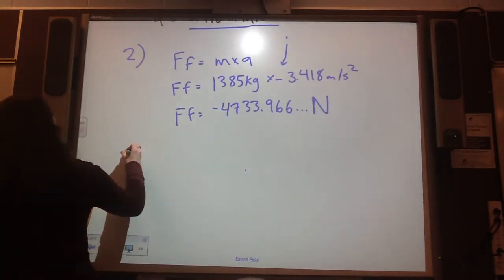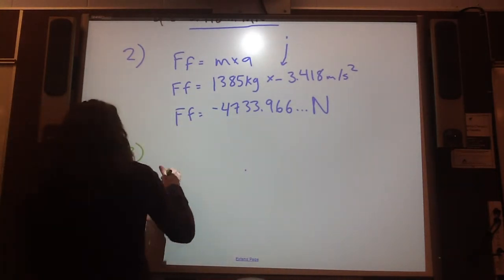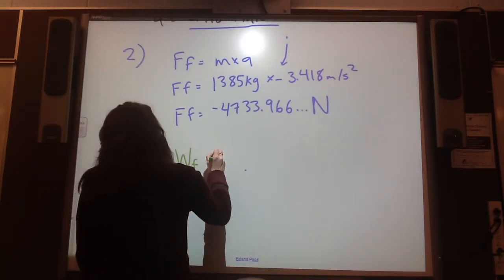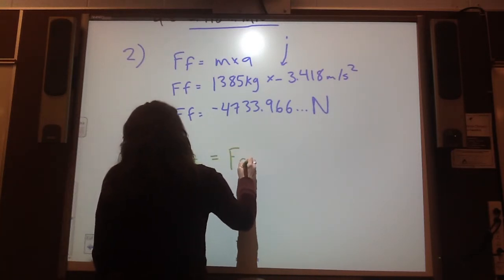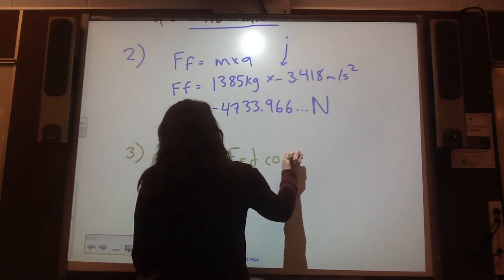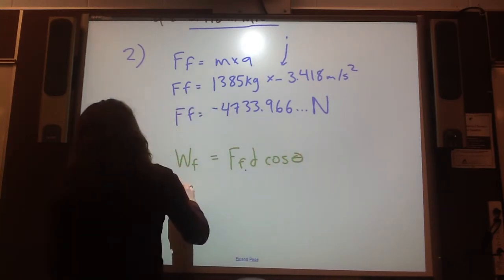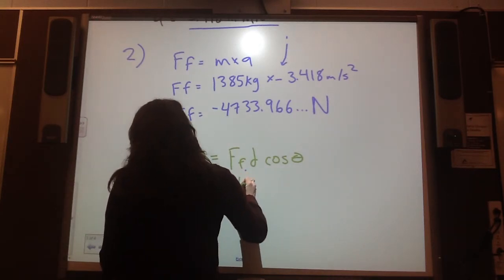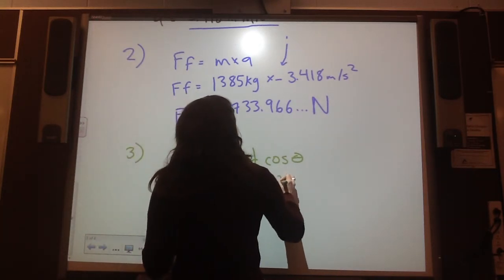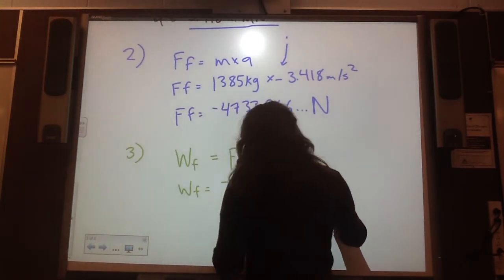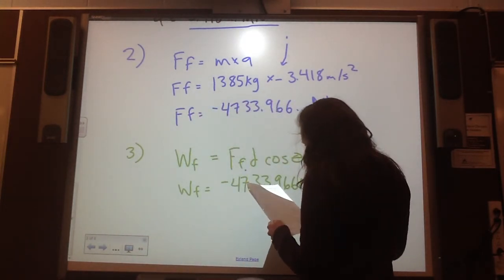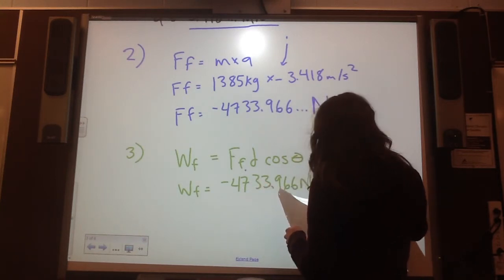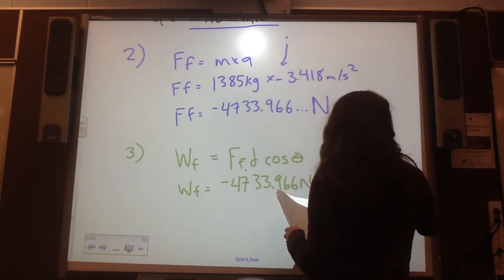Okay, now step 3. The work due to friction is Ff times d times cos theta. So Wf is equal to negative 4733.966 newtons multiplied by d, which I was told was 42 meters, multiplied by cos of 180.